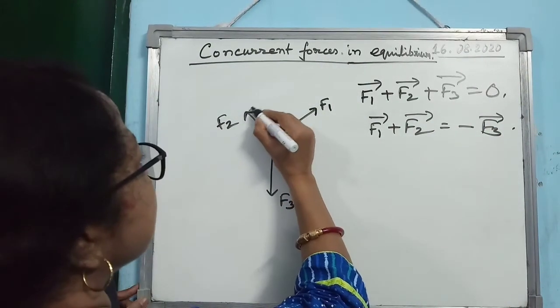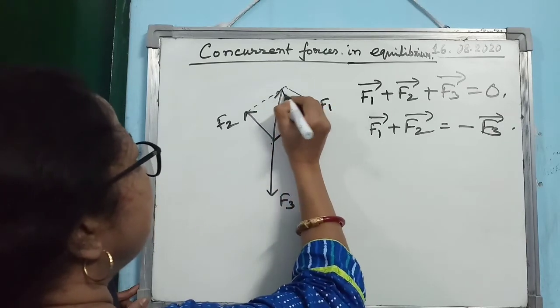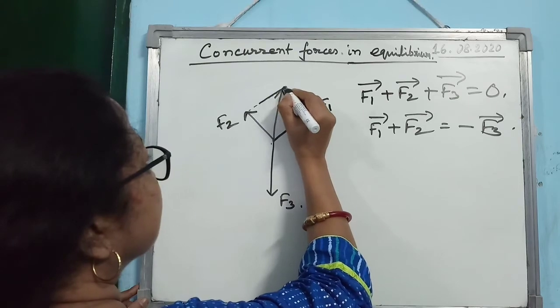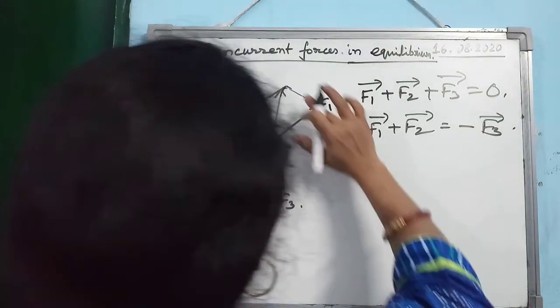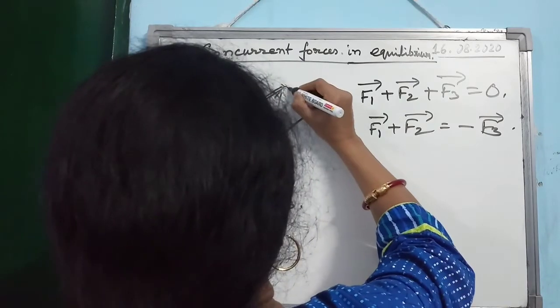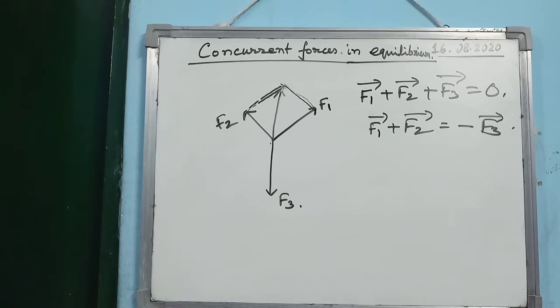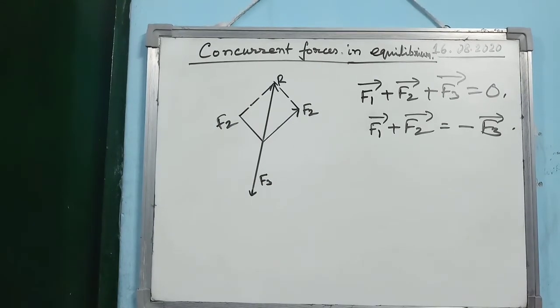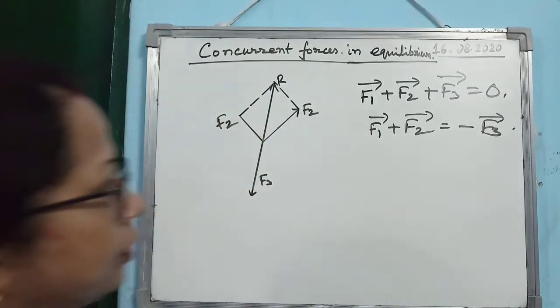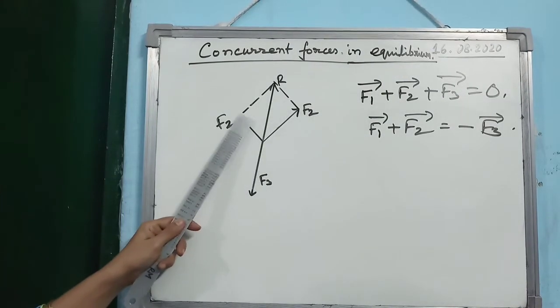Means if you consider the resultant of F1 and F2, suppose, just a minute. So you see here you are getting F1 plus F2 is minus F3, means the resultant of F1 and F2. Look at the diagram. How can I get the resultant?